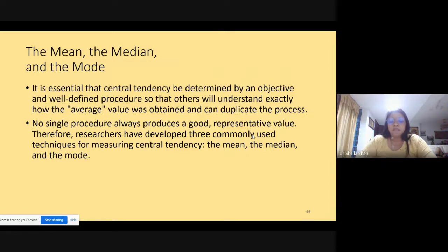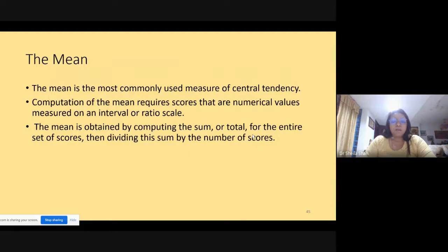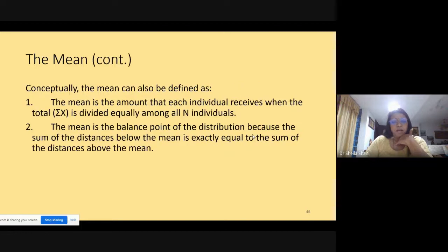So researchers have developed commonly used techniques for measuring central tendency, that is mean, median, and mode. This part is mostly on the mathematical side. We can get all these values through software. Here they tell you the theory behind how to get the mean.